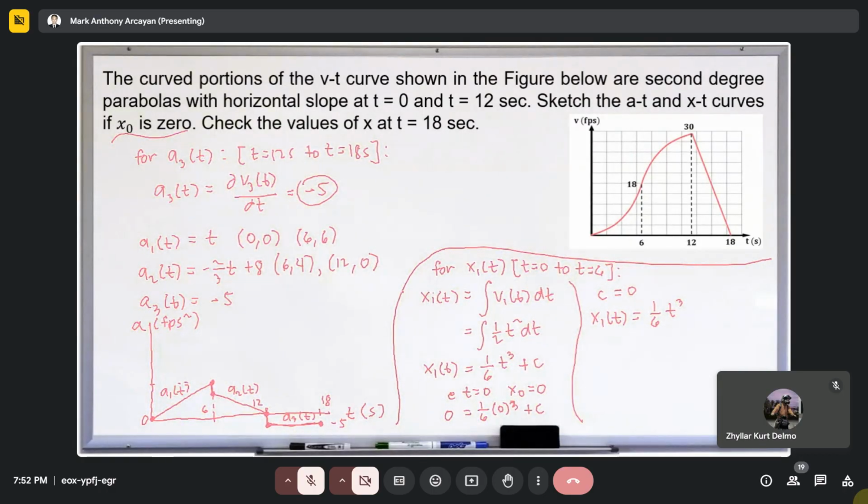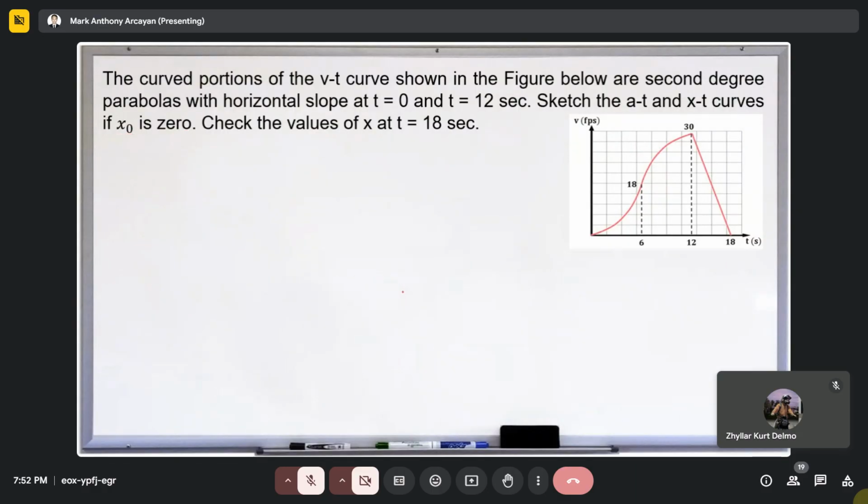We now finish the first displacement function. We'll proceed to the second displacement function, that is for x sub 2 of t on the interval t equals 6 to t equals 12.